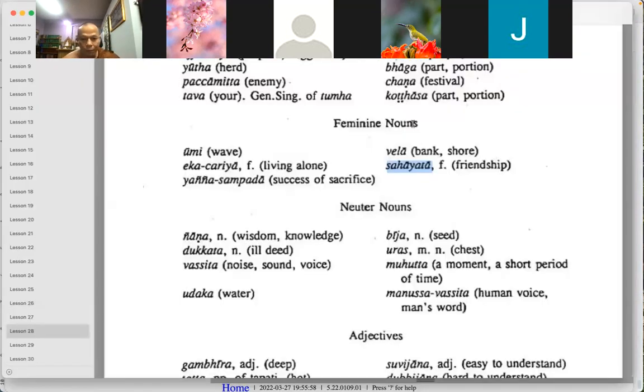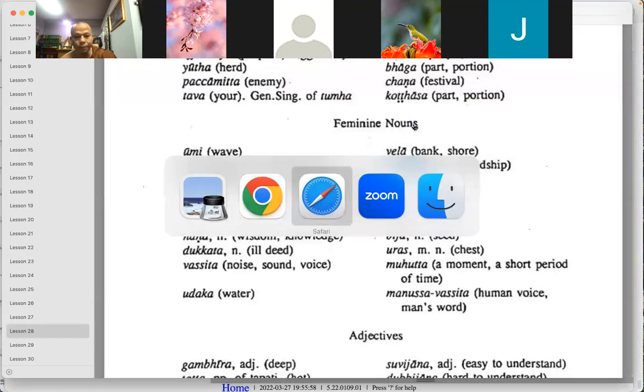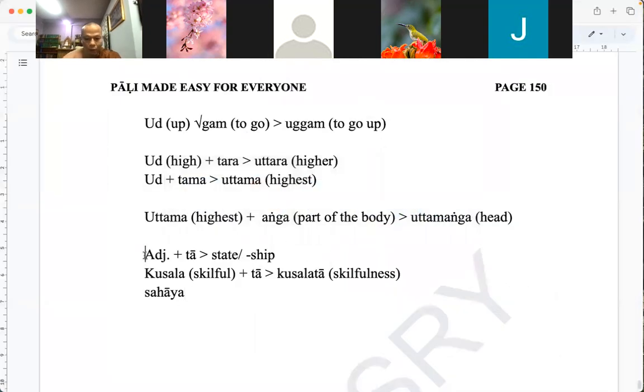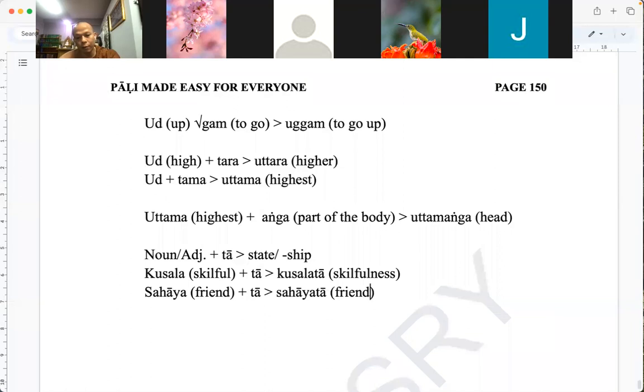This is a noun, not an adjective, sorry. But mostly it is used with adjectives; with nouns it is maybe rare. So friend, and the ta: sahayata. Friendship, in this way.